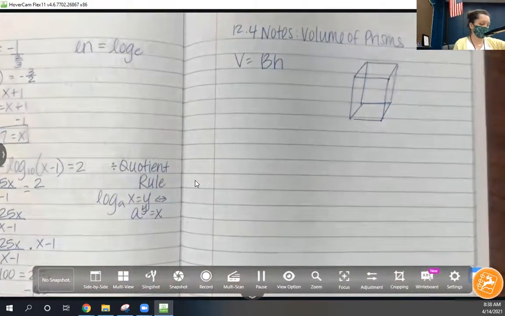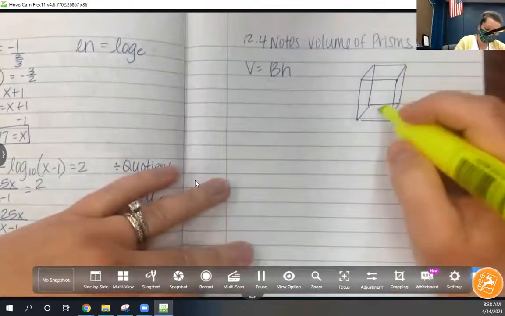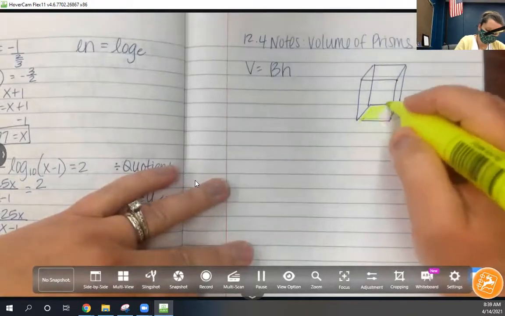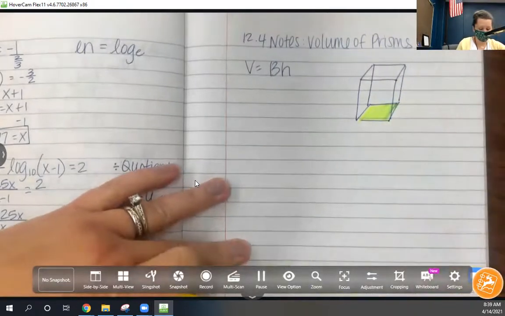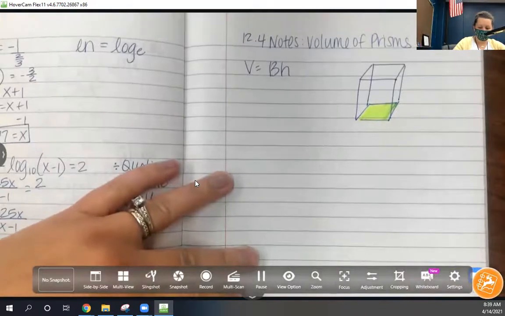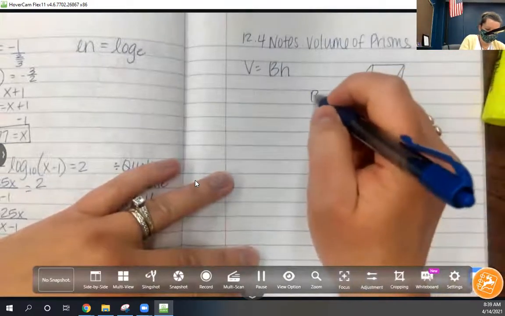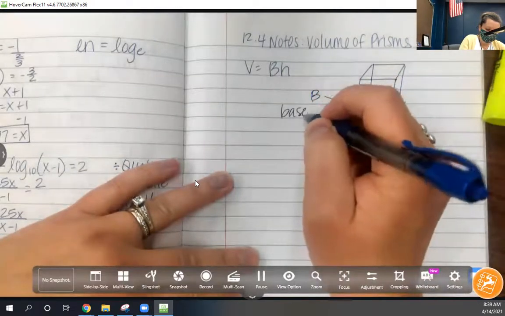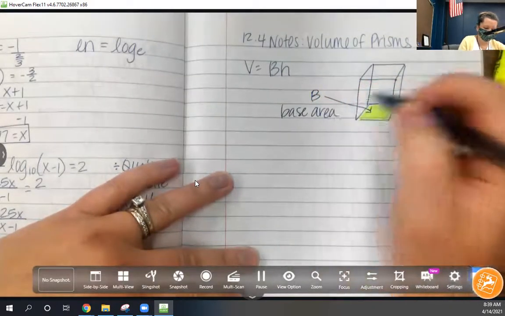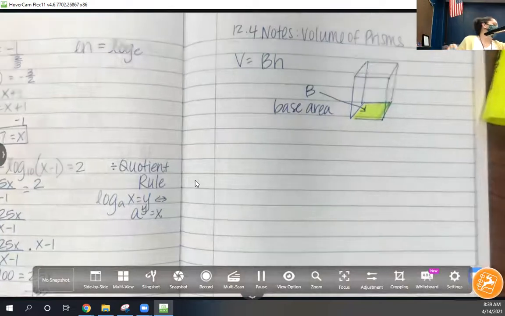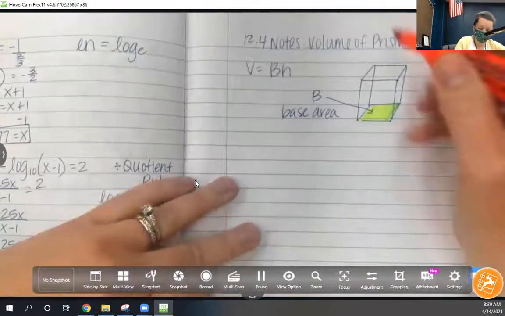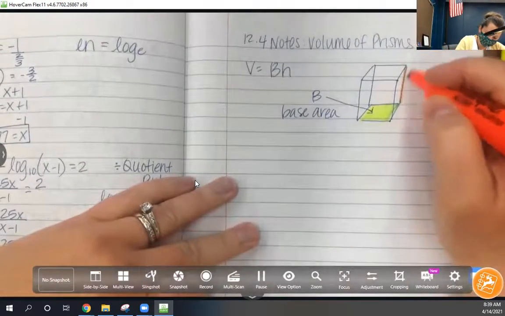The base area is the area of the base, so that's what that large letter B stands for. And then the H value stands for the height of the figure.